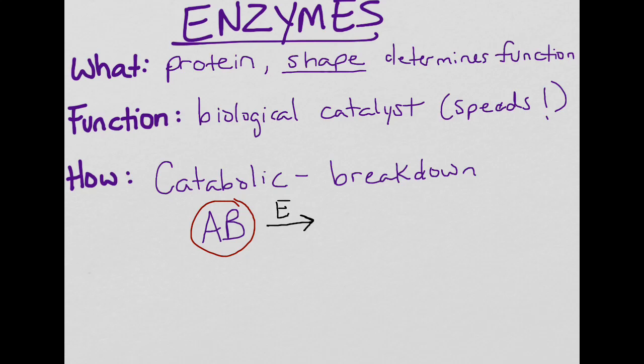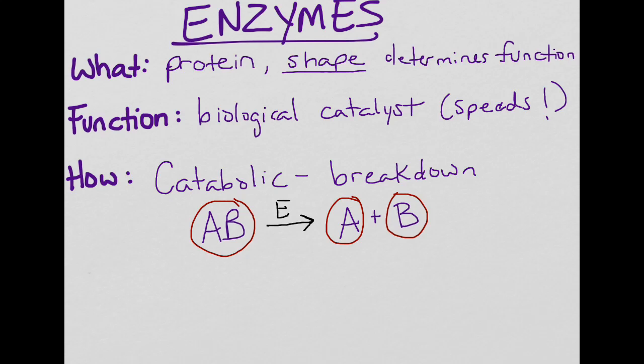And it will break it down into its components. That's catabolism. So you started with this big thing of A, B, and it's broken down. The enzyme breaks it down into part A and part B.